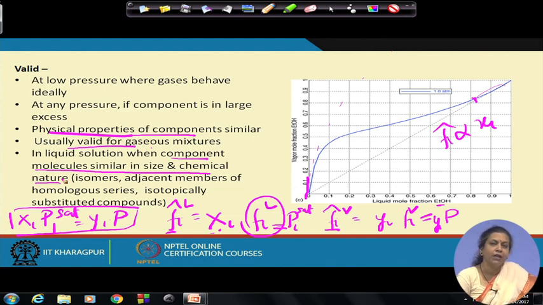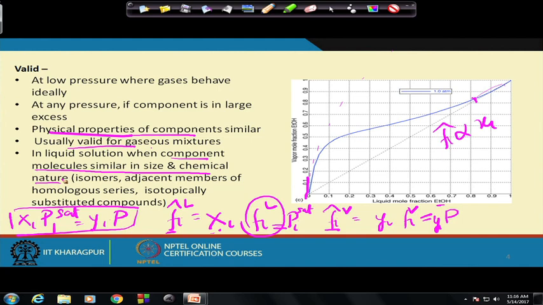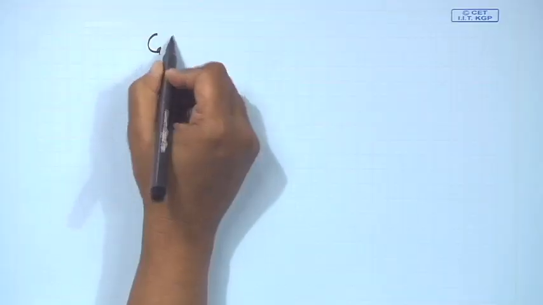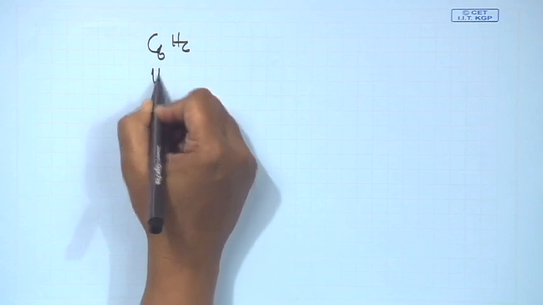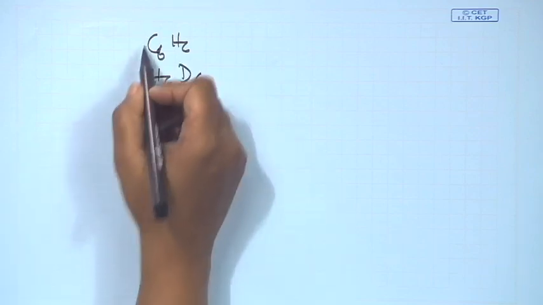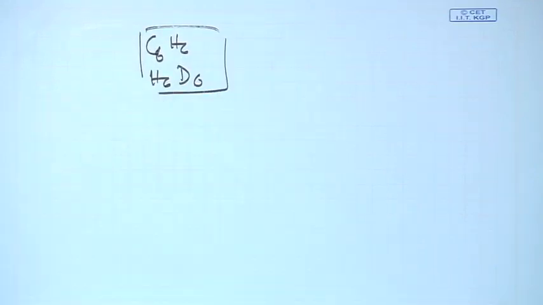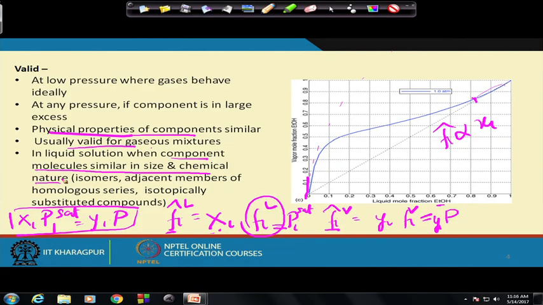For example, isomers, adjacent members of a homologous series, such as benzene-toluene or heptane-hexane mixtures, and also isotopically substituted compounds. For example, suppose you have C6H6 and C6D6, deuterium. For such mixtures the ideal solution model is applicable.